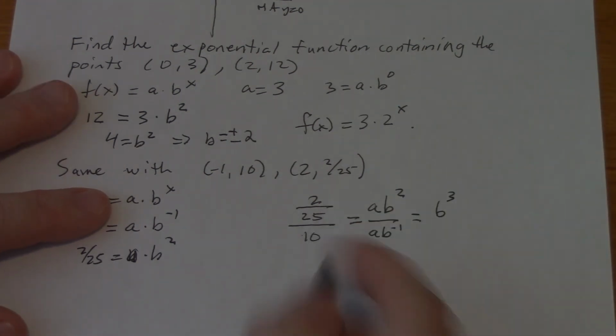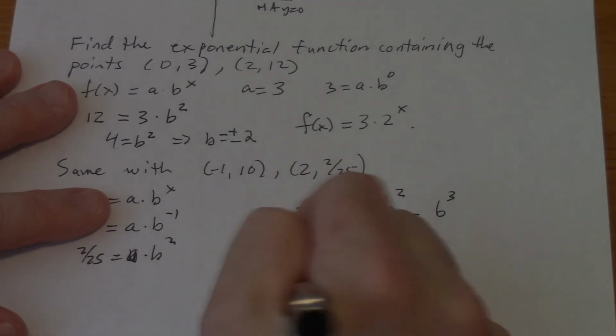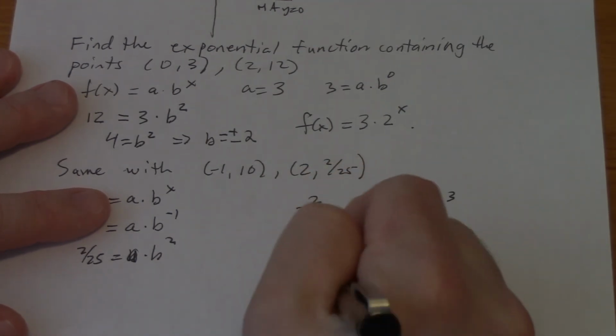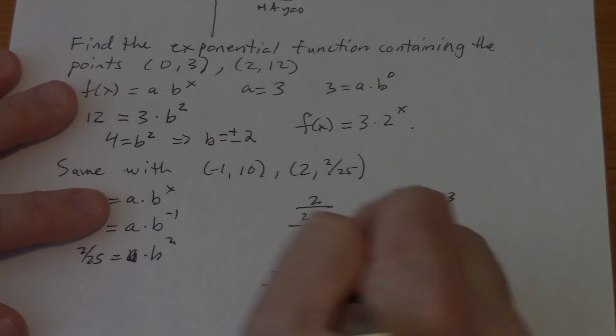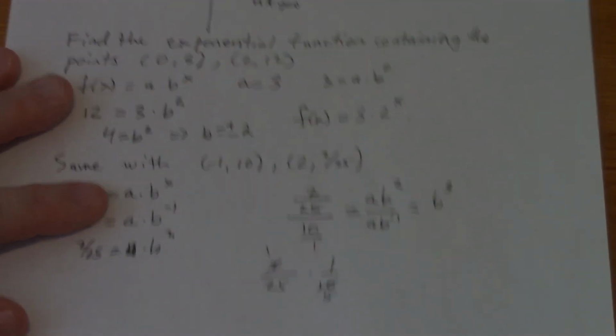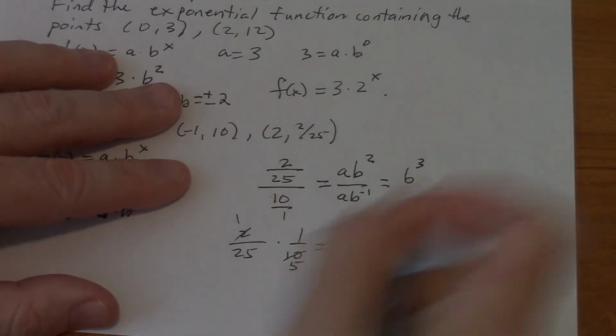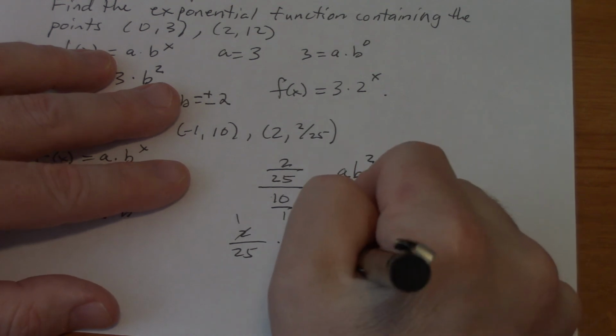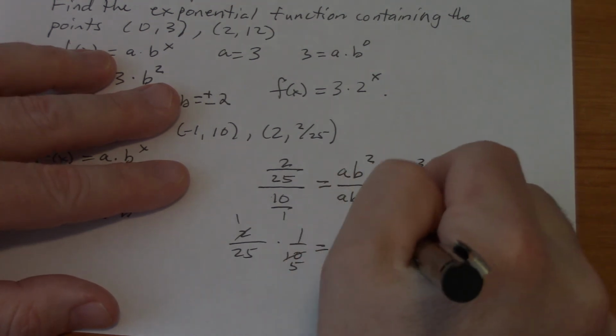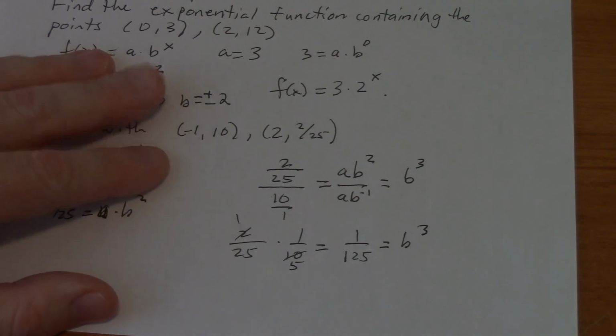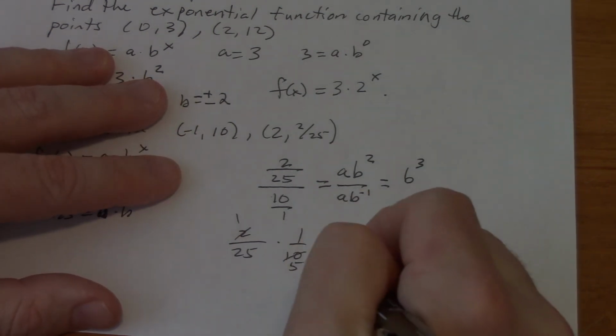And then over here, we'd have to flip my fractions, right? So we got 2 over 25 times 1 over 10, and we got some cancellation there. That would multiply out to give me 1 over 125, and we can recognize that b is going to be 1/5 from that.